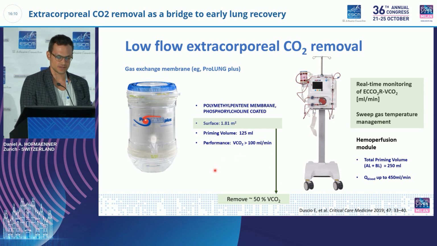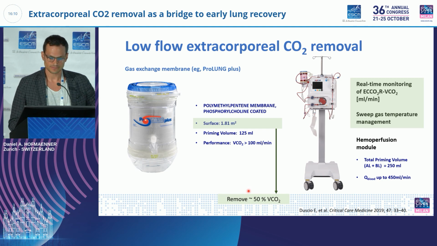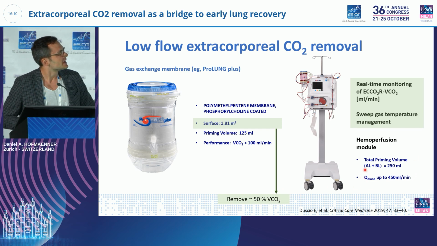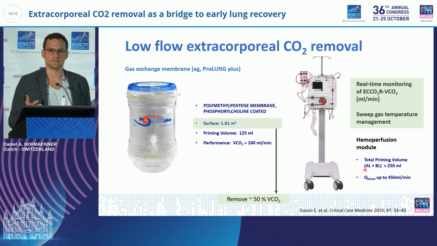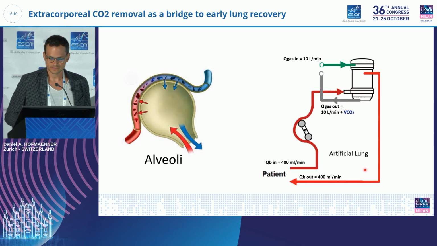This means, in terms of human physiology, that we can remove around 50% of the VCO2. Then the total priming volume is around 250 milliliters, and we run blood flows around 450 mL per minute. If you compare it with ECMO, there we have 3, 4, 4.5 liters per minute. And here, as I told you in the previous slides, we can exchange the gas with much lower blood flows.